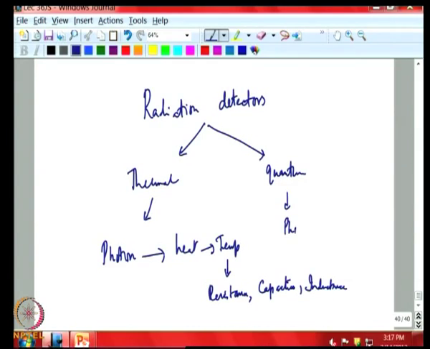But the more popular ones which are now coming to the market are really the quantum detectors, which convert a photon ultimately to an electron.